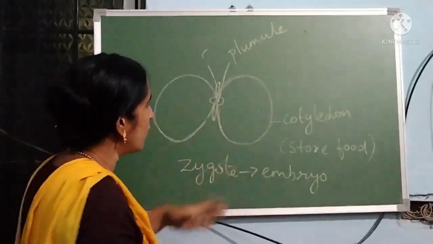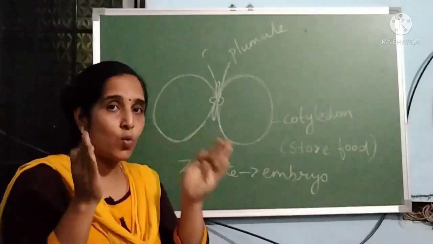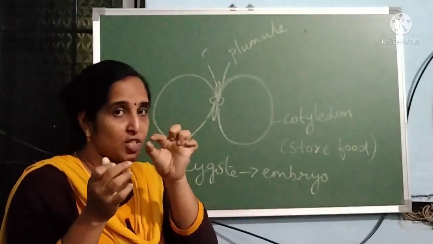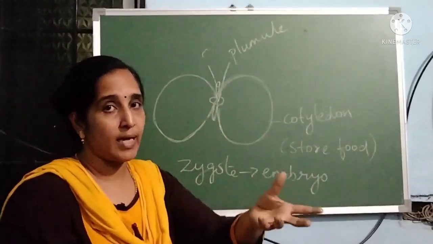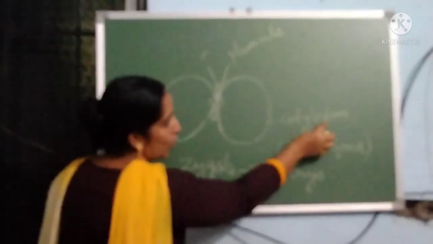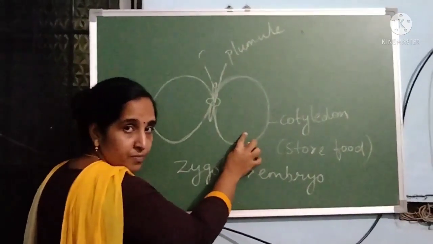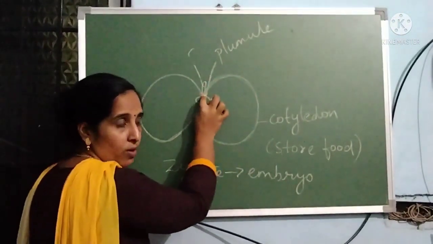For example, in groundnut, the groundnut consists of two halves. Inside the two halves there is a small structure, and that small structure is responsible for the future plant. These two halves, the two cotyledons, have the function of storing food, which is necessary for the plumule.